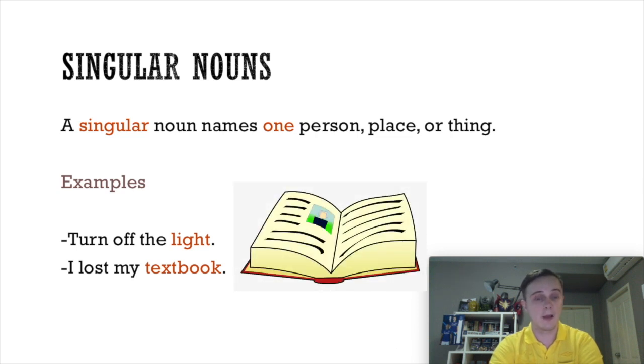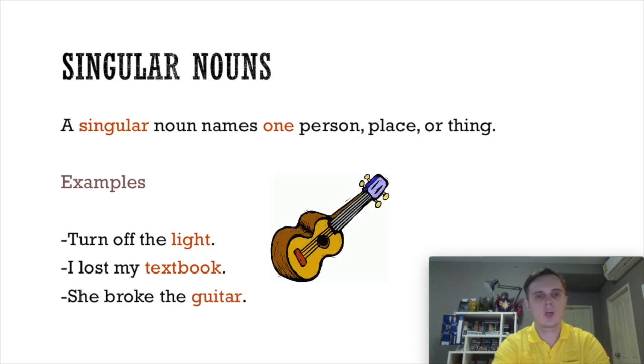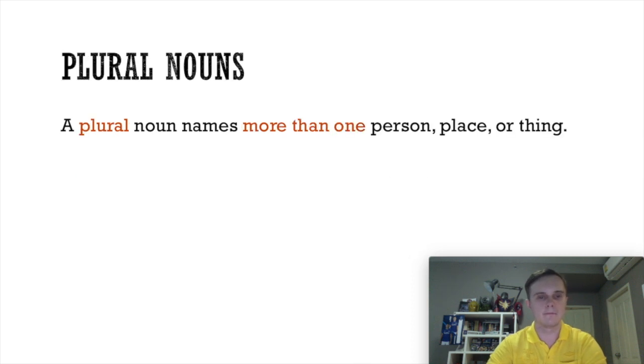I lost my textbook. Something that I don't like it when students tell me. So if they tell me I lost my textbook, I think that they have lost one textbook. She broke the guitar. Again, we know that she broke one guitar because we have a singular noun.